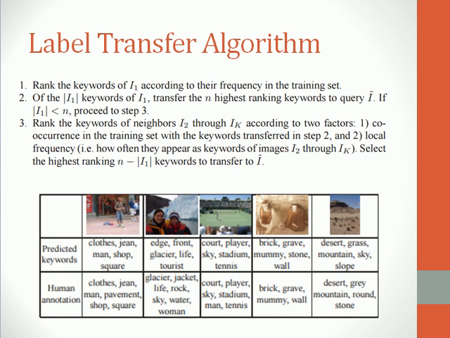Of all the keywords present in I1, we transfer the n highest ranking keywords to the test image I. Now, we rank all the keywords present in the second nearest neighbor I2 through IK using two factors. First, the co-occurrence of them in the training set, and second, the local frequency of the label. Now, we transfer the highest ranking remaining keywords to the image.